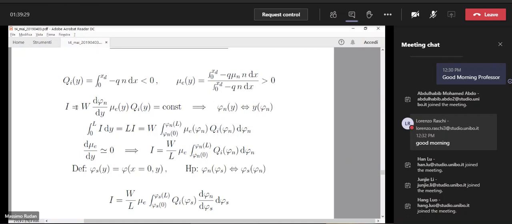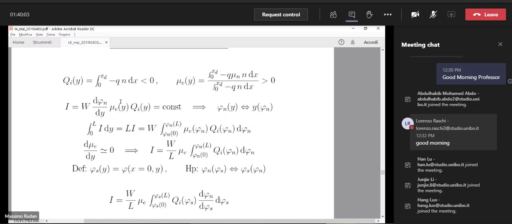At this point, you notice that this current is a constant. That means it does not depend on the position of the channel in which we calculate it. You remember, the current density is solenoidal, so the current is the same at each position in the channel. But on the other hand, we see that W is a constant.